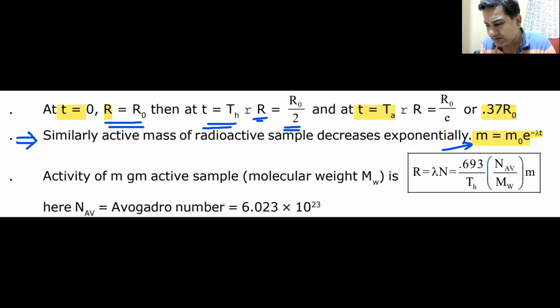The last point is converting grams into number of moles, and that is more about chemistry. Do we understand this? How you convert gram into moles? They have converted gram into moles, and that is how they have got the activity of the sample. Do we understand this?